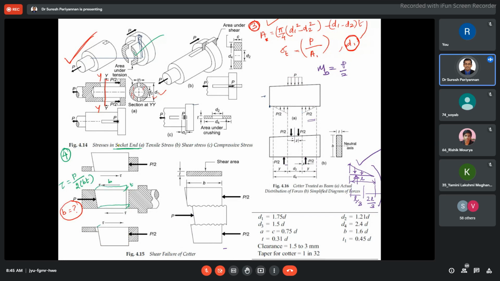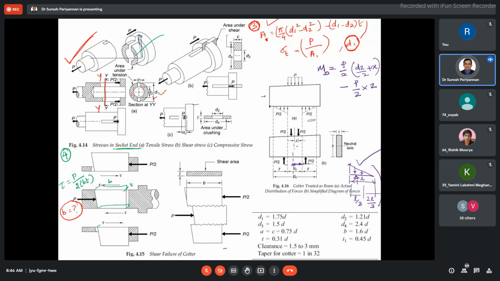P by 2 into D2 by 2 plus X. This distance is X. Now, the downward force is here, from the center. Then minus P by 2 into Z.